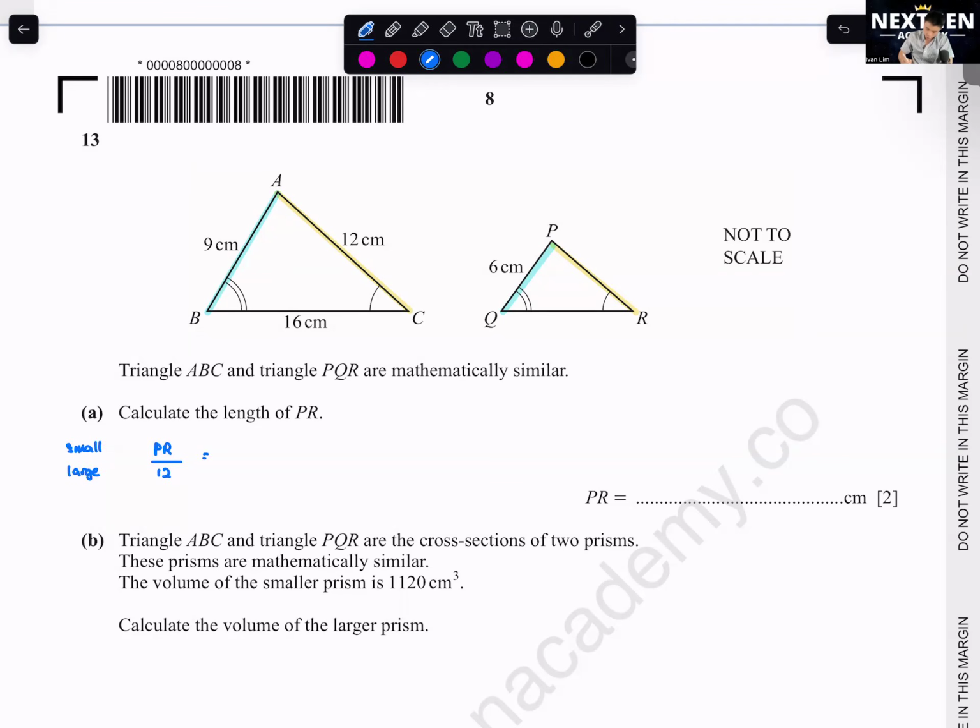Then PQ, 6 over 9. You can label this so that it's easy for you to identify. So what is PR? PR is equals to 6 over 9 times 12, which is 8 cm.